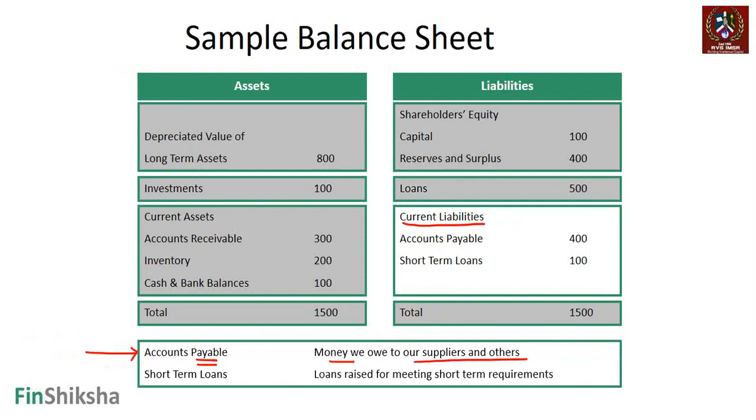And then finally, we could have something called a short-term loan. A short-term loan is any loan that is for a period of less than 1 year, right? Now, why is that important? Because sometimes the need might be for a quick cash flow requirement. I need some money today. Tomorrow, I might receive money from one of my clients, right? So I might need money for 1 day or 3 days or 5 days.